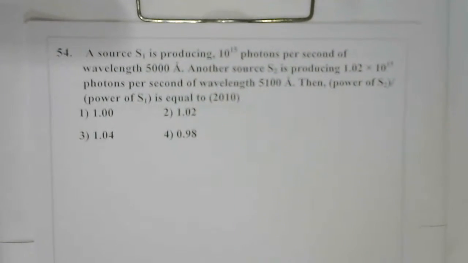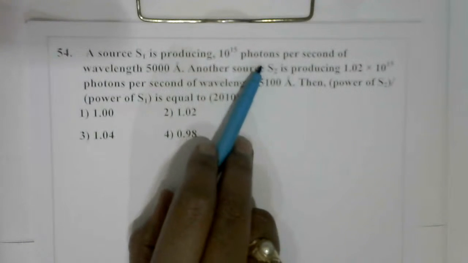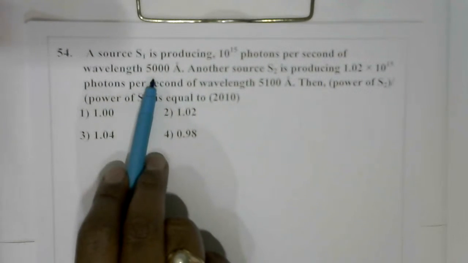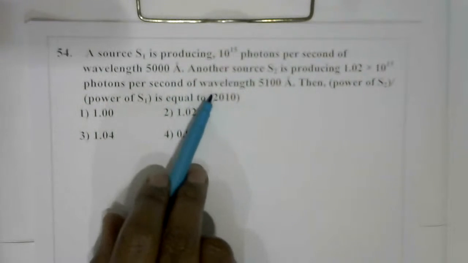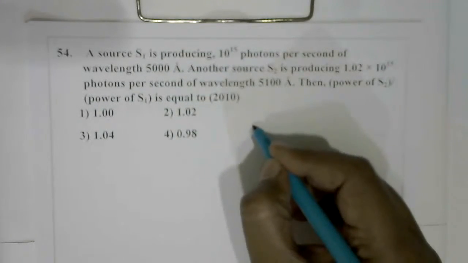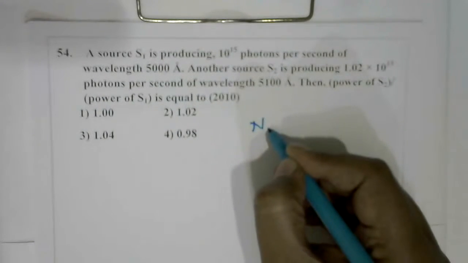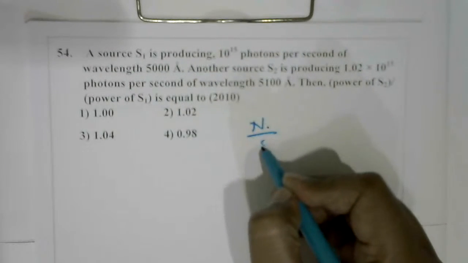Well, the next question. A source S1 is producing 10 to the power of 15 photons per second of wavelength 5000 angstrom, and the source S2 is producing this much photons per second. Then S1 by S2 they are asking. See, already I had given the number of photons per second.